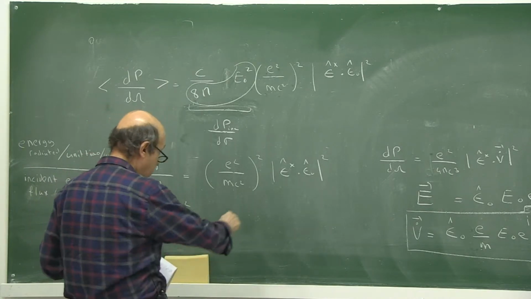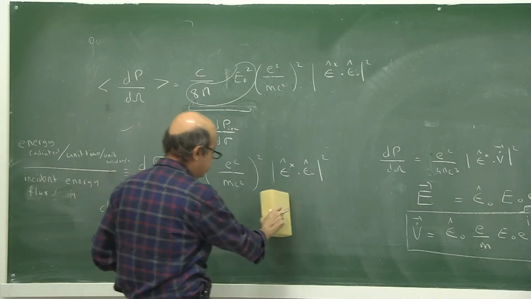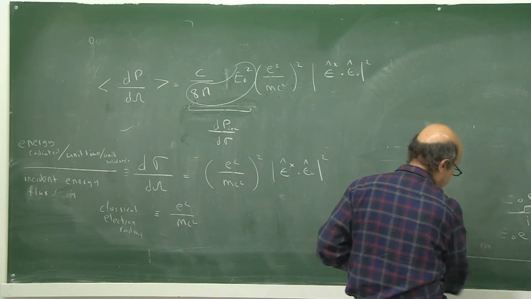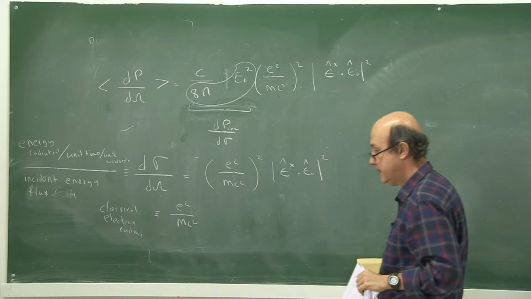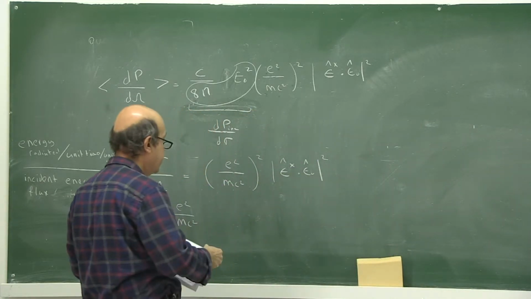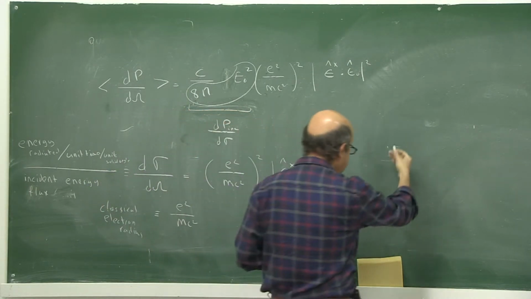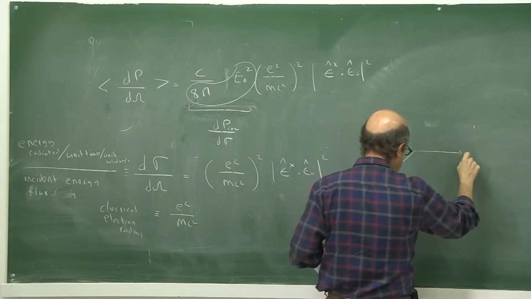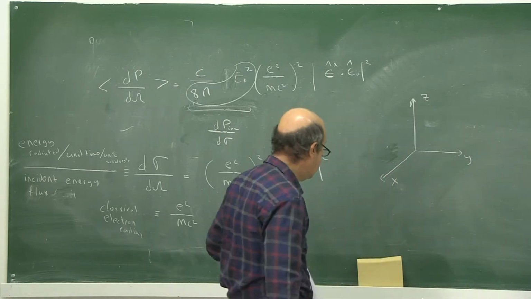So, you have this stuff here, and what is this? That is the scalar product between the incident polarization of the electromagnetic wave and the scattered electromagnetic wave. We did this, and you also did it in your lecture notes and in the examination.